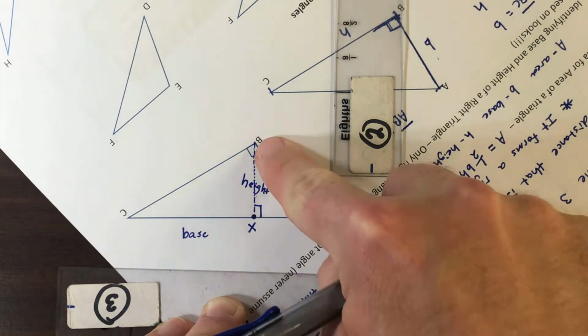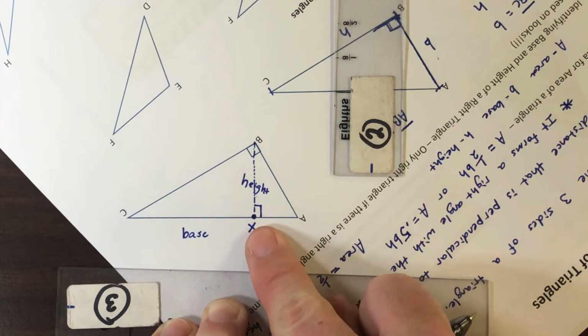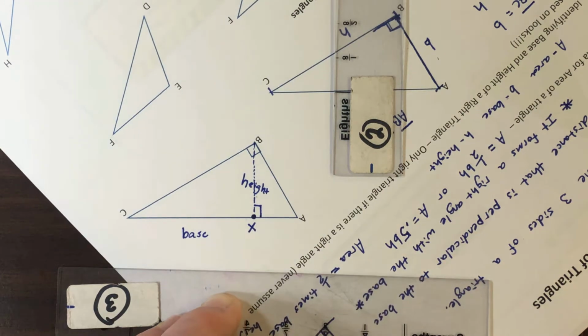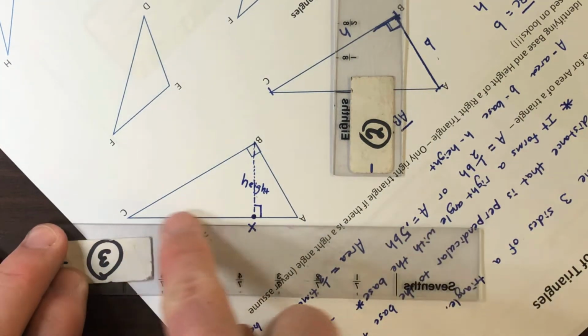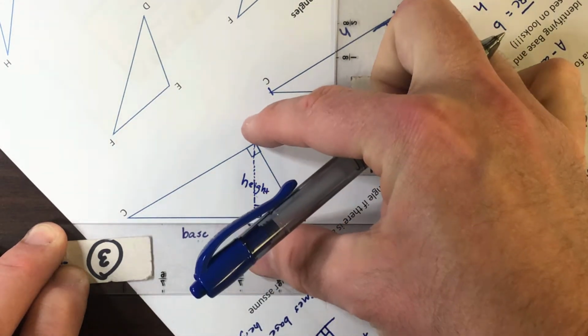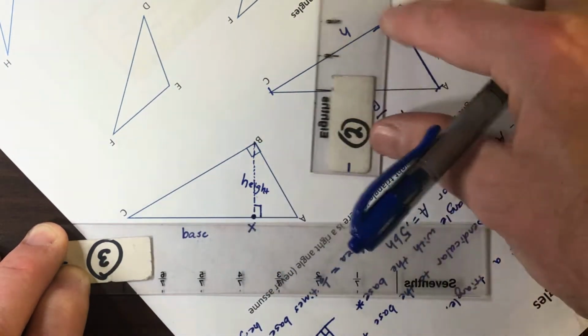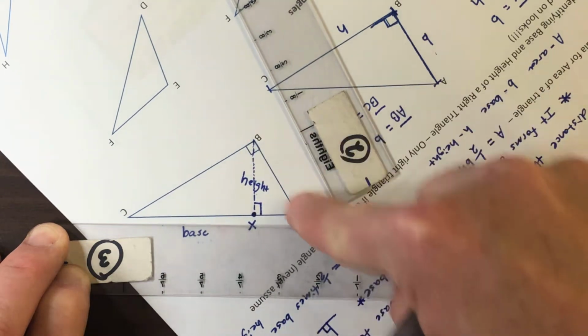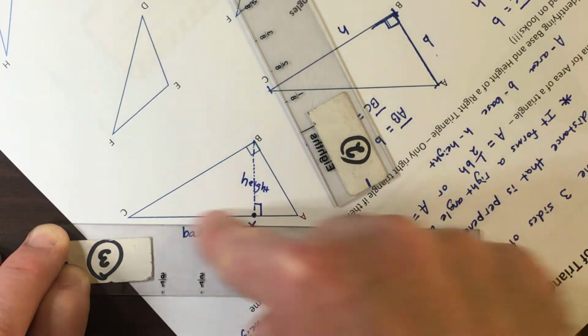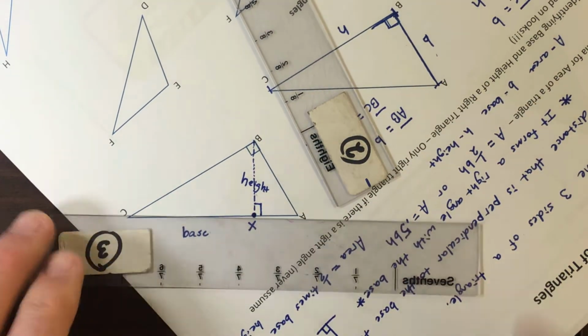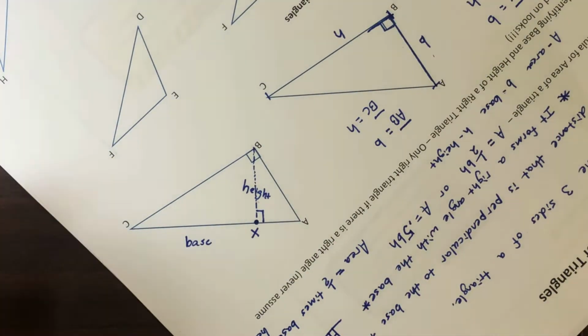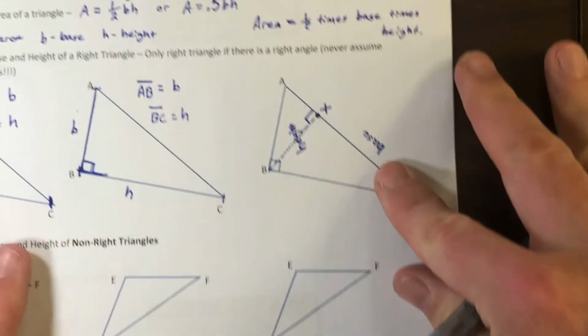So that's point A, point B, point C. I need to be able to identify that point, so I'm just going to label it as point X. So if this is the bottom of the triangle, that means that's how tall it is, not this line. This line does not form a right angle with this line. So how would I identify them?